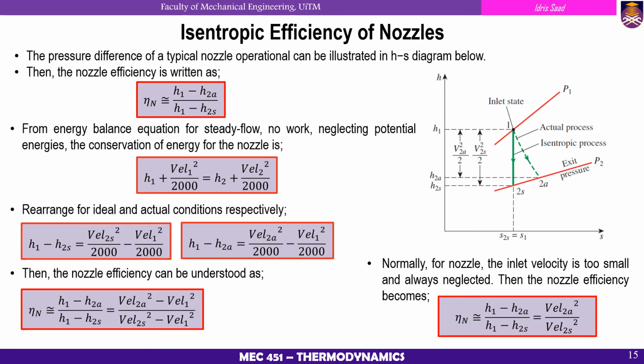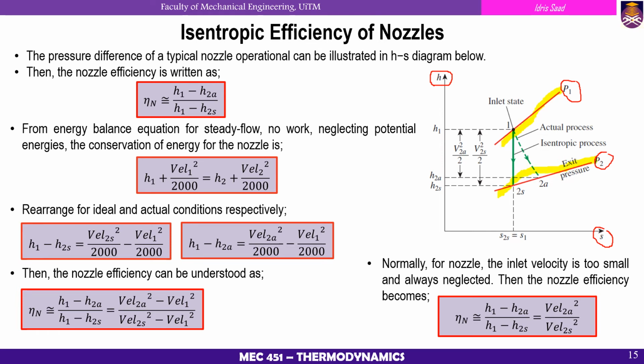This is the final device that we should learn in this course under the topic of isentropic efficiency, which is the nozzle. Please refer to chapter 3 for the definition and function of the nozzle. The pressure difference for a typical nozzle can be illustrated in this h-s diagram. Please remember that in the h-s diagram, this line of pressure is the constant pressure line.